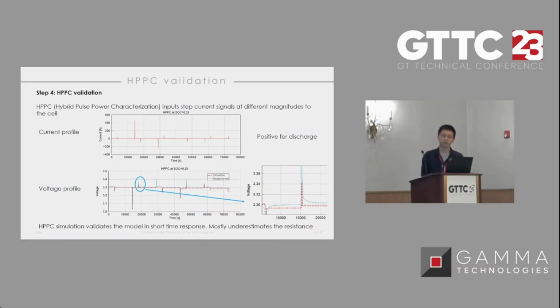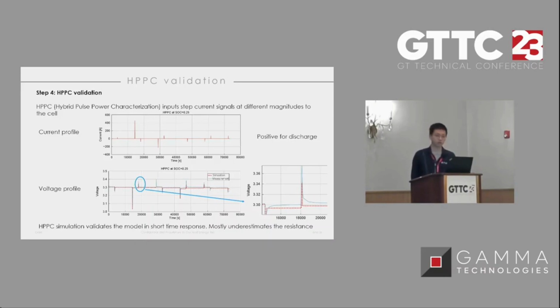The last one, the first step, is the HPPC data. As I mentioned, we're not going to use HPPC to fit for anything. We just use it as the validation step. For those who don't know what HPPC means, it's short for hybrid pulse power characterization.